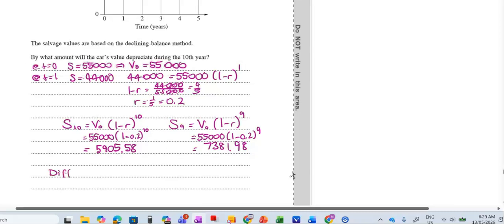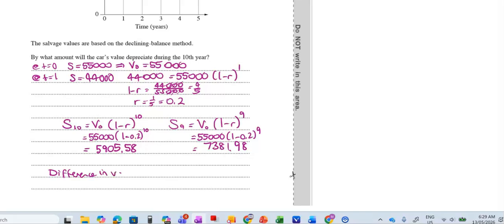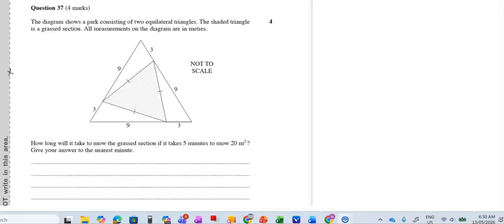So the difference in value equals the bigger one, less the smaller one. And I get 1476.40. And that reduction in value is by definition how much it depreciated by. So the depreciation is that as a value. And that's my answer.